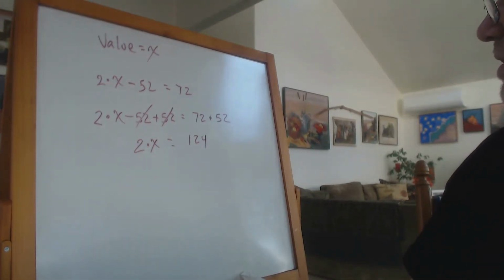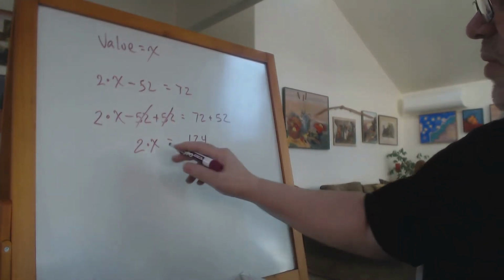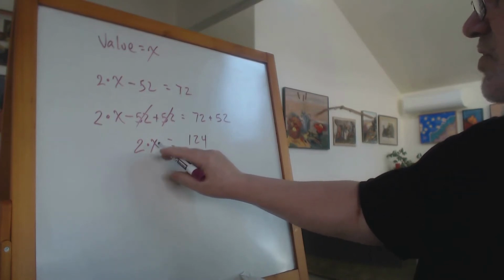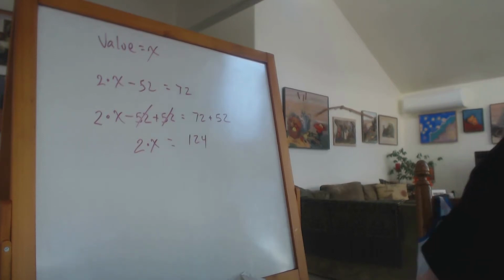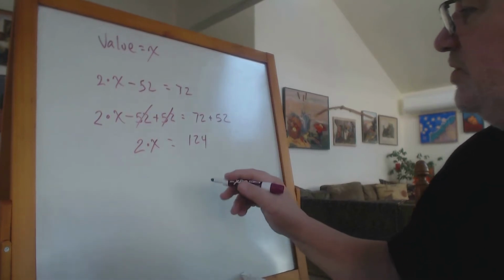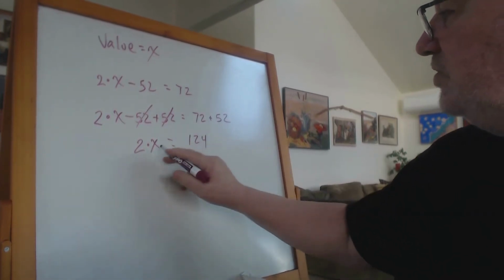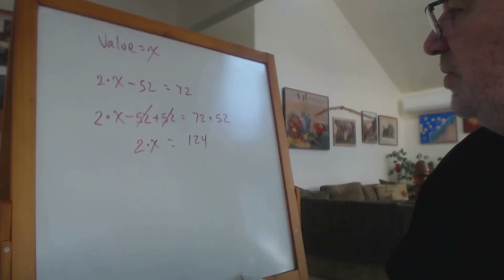Now, what we really want to do is isolate this x, that value, to make it stand alone. That's how we solve for that value. Well, what do we need to do to make this value stand alone?